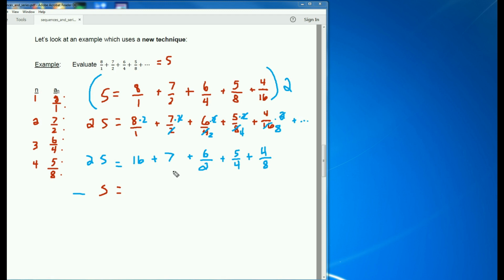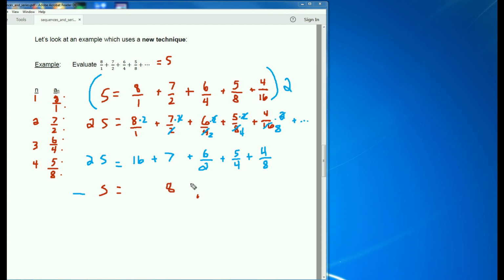Okay. Now we want to get the denominators of this sequence to line up with the denominators of this sequence. So in other words, my 7 halves term is going to go here. Oops. So first we've just got 8. We can just write it as plain old 8 now.